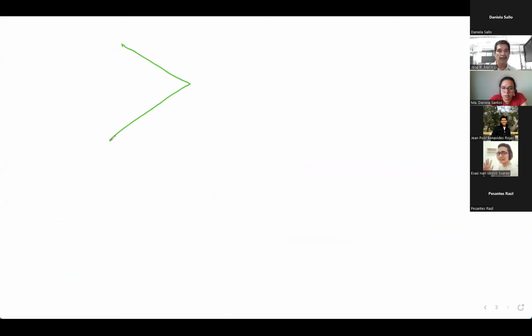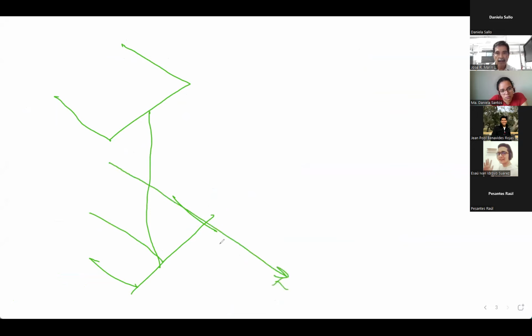No, see, I'm drawing this with an extra height. I'm including in this area the strain gauges. So in here is where I am going to calculate the shear stress.